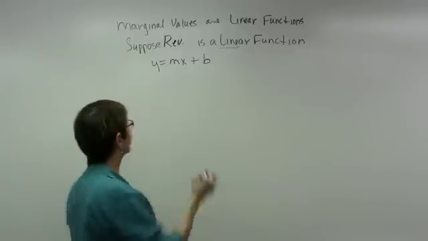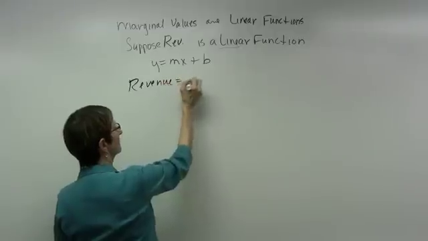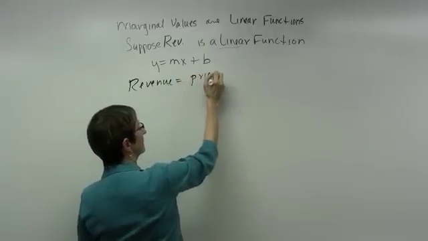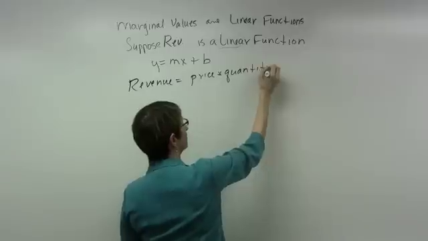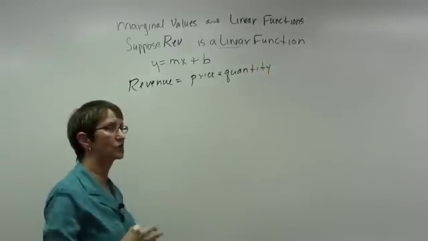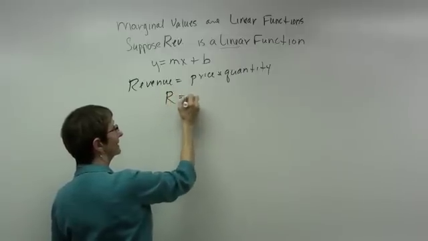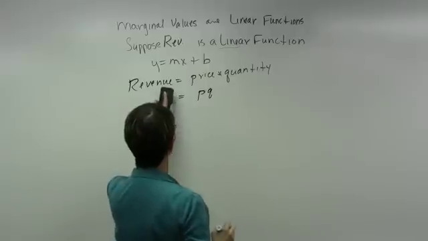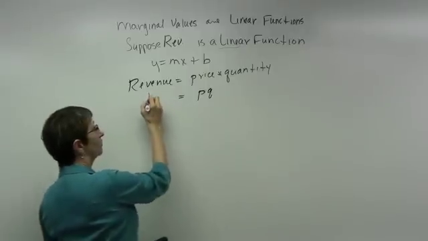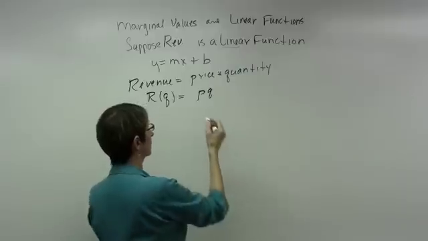Well, revenue is price times quantity. Let's think about revenue so that price is just a number, not a demand function. So revenue is P times Q, and we'll make this revenue of Q so that the price is a numerical amount.